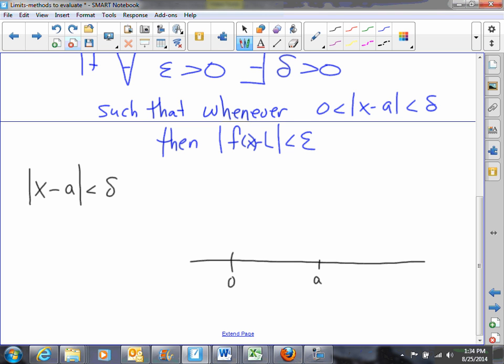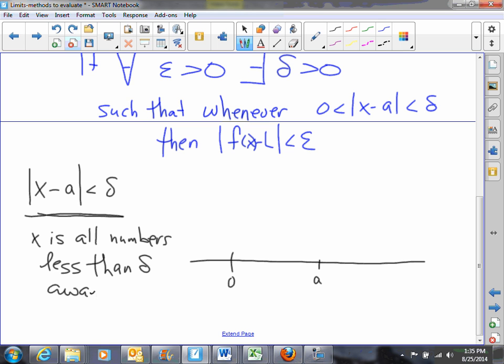Now, if you look at this expression right here, one way of saying this is x is all numbers less than delta away from a. In other words, this represents an open interval that has a as its center and delta as its radius.